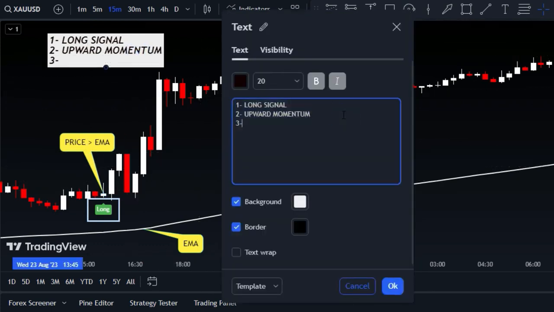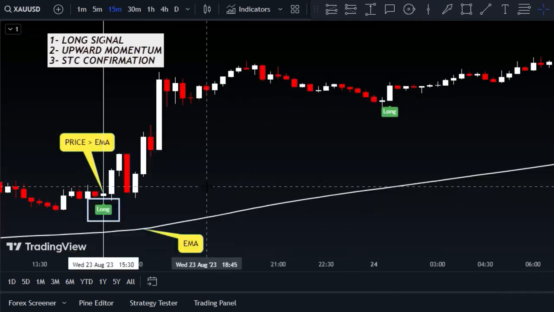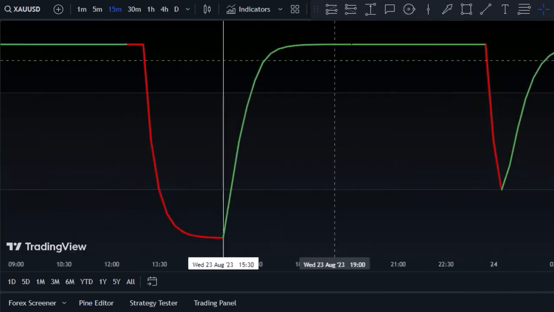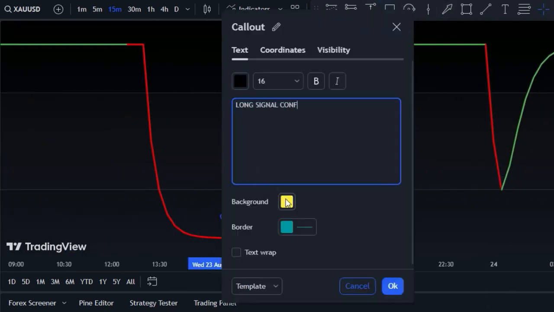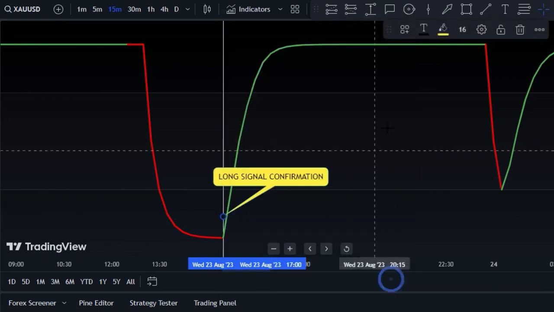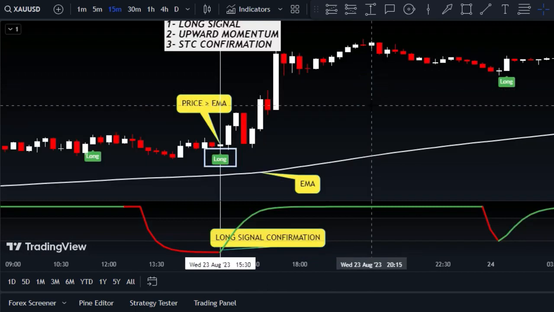In the third step, we must ensure that the STC indicator confirms the long signal. So once all these conditions align, we're ready to open a long position.